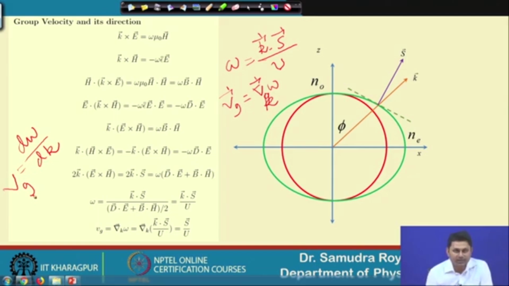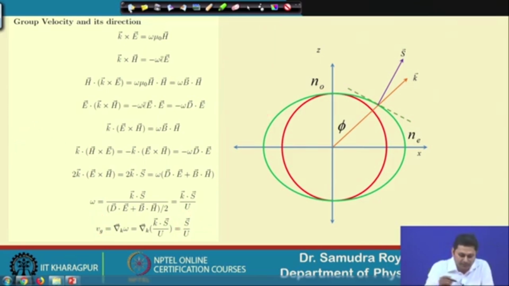Here we are doing similar things, but since it is a dot product, I need to write this operator form. So Vg is del omega. When we do this del omega, the k in the right hand side will cancel out because of this operation, and eventually we will have S divided by U. That means the Vg, which is a vector, is along the S direction.